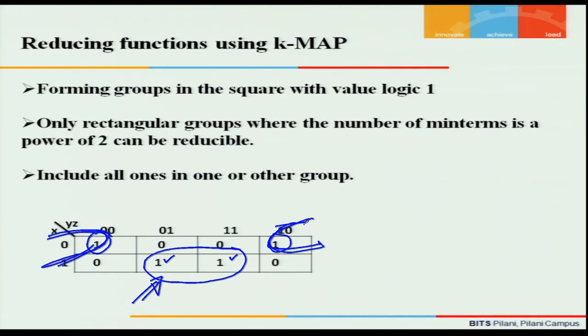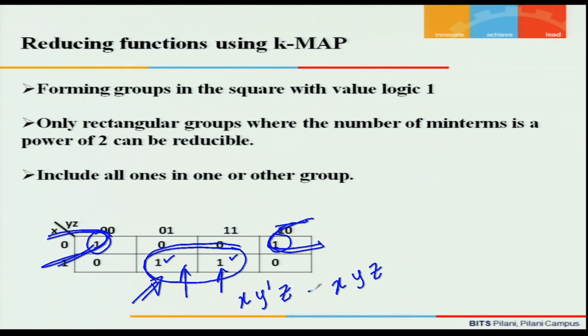Now, having formed the groups, let us look at a group. We have a group here with 2 entries, both are 1. If you look at the values for x, y, z in these 2 entries, the first one has x as 1, y as 0, z as 1. The second one has x as 1, y as 1, z as 1.